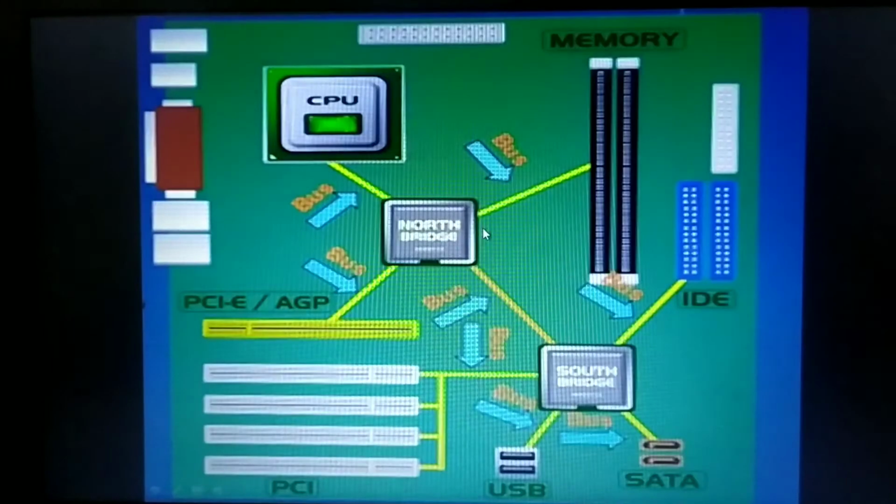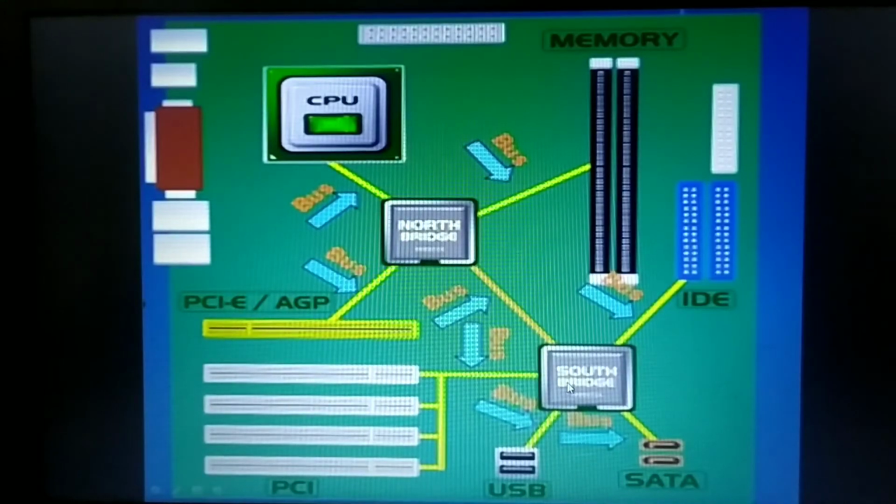The North Bridge ensures maximum speed data transfer between the CPU and the memory, because the higher the data transfer speed, the higher the speed of your CPU will be, so that you can have higher computer performance. Understood? Now moving on to the South Bridge.